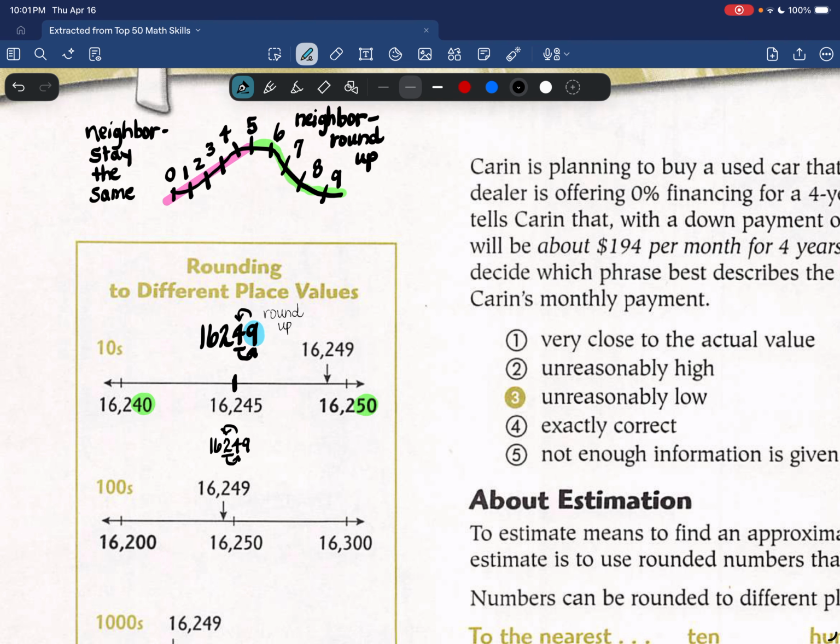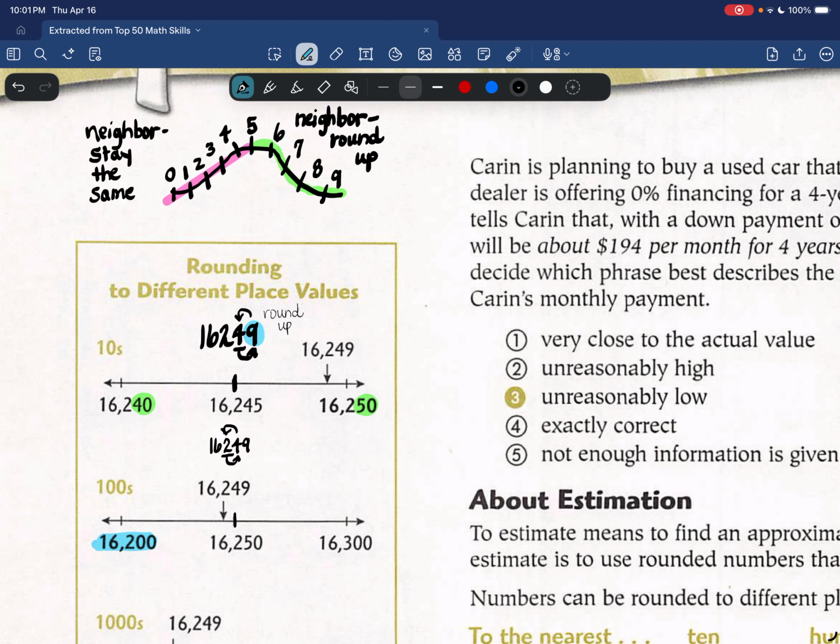So the 2 doesn't change. It's going to stay the same. 16,249 is closer, not a lot closer, but it's a little bit closer to this side of the number line because it's just a hair under that midpoint.